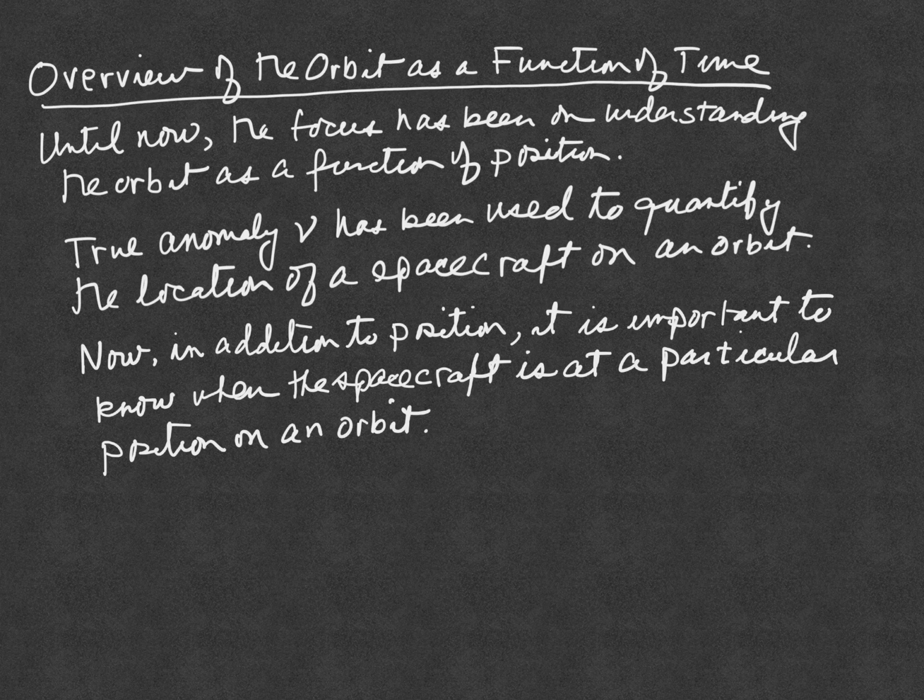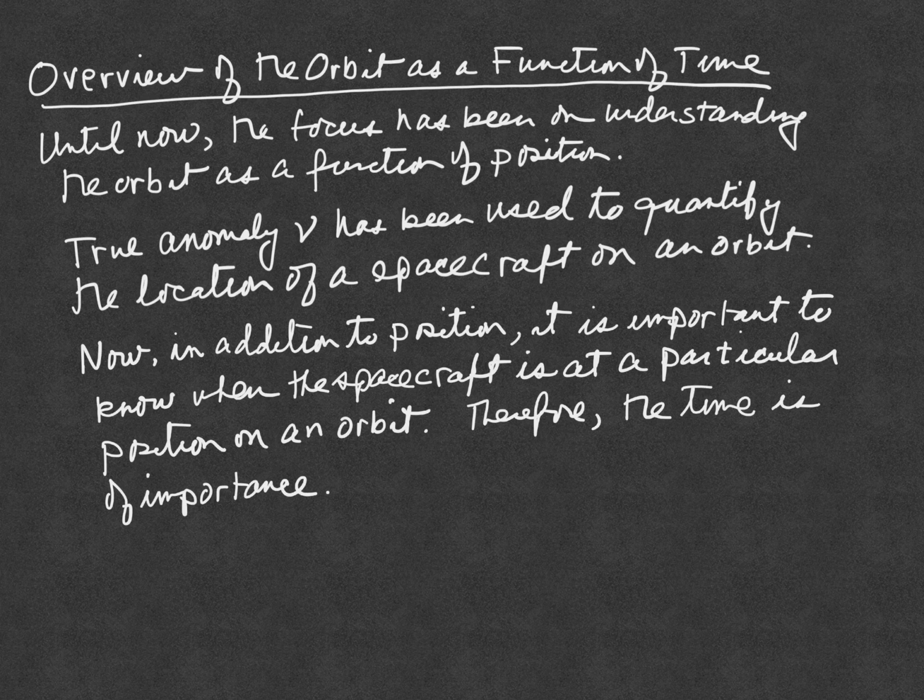So that implies we need to know the time. Now, it turns out that the true anomaly is not the easiest way to be able to measure and deal with time. So we introduce a new quantity called the eccentric anomaly.